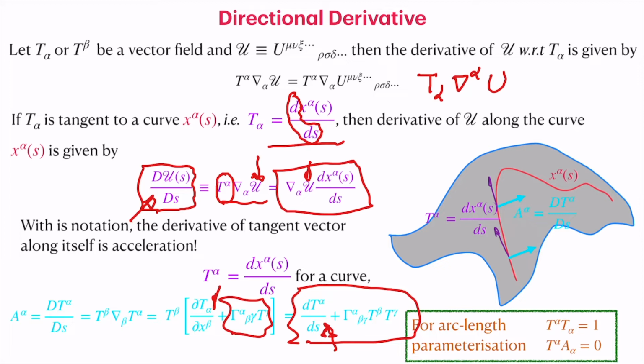We have this figure here: the curve represented by x(s), where s is the arc length parameter, and the tangent vector dx^α/ds = T^α. Then we differentiate it again along the tangent vector, that is, we take the covariant derivative and take the dot product, and we get the acceleration, which is always orthogonal to the tangent vector itself. This is a fairly useful entity in physics, because in Newton's laws of motion, the acceleration is equated to the force.